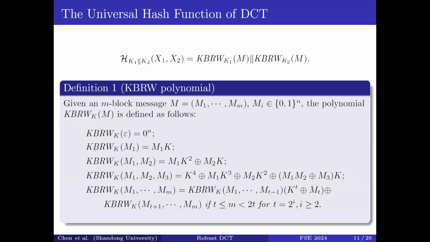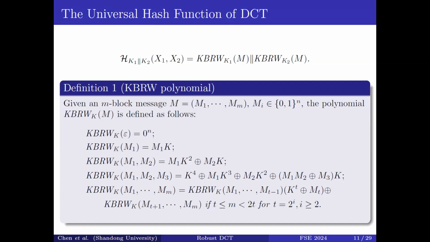Now let's look at the universal hash function of DCT. It can be denoted as the concatenation of two independent KBRW polynomial functions. The KBRW polynomial function is defined in Definition 1. It's just K times the BRW polynomial.